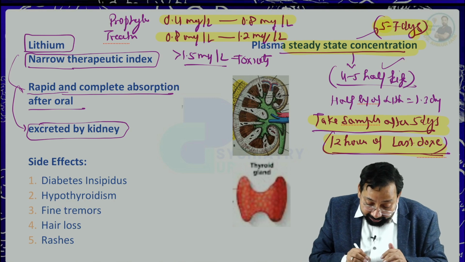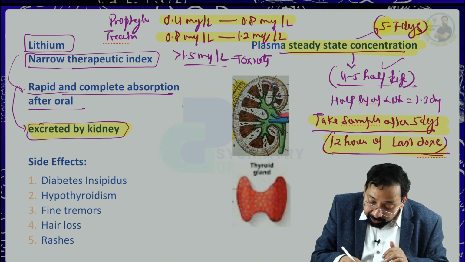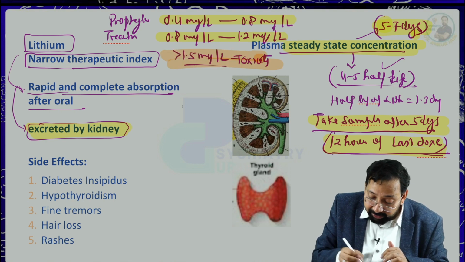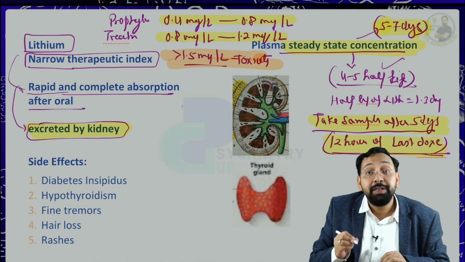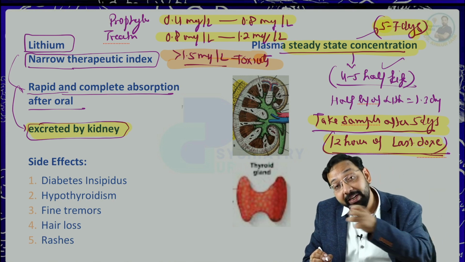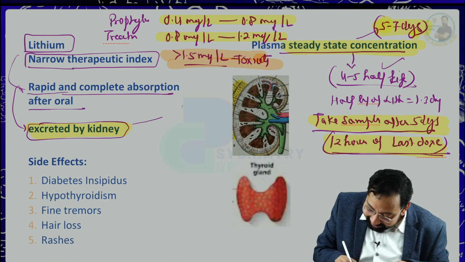And you know that this is excreted by the kidney, and it has a very narrow therapeutic index. So if you don't check kidney function test, this may lead to lithium toxicity. If the kidney is not functioning, then lithium will not be excreted, will deposit in the body, causing toxicity.